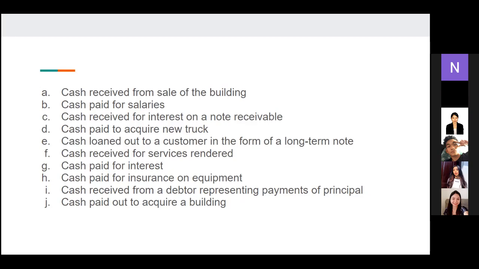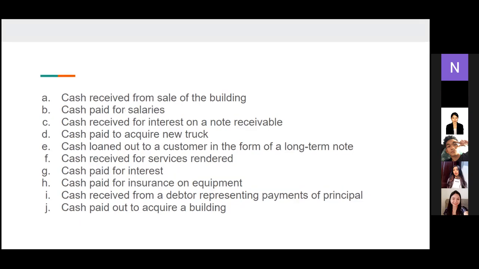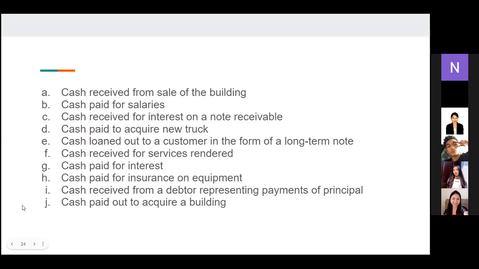next letter E. Okay, sige. Ako na muna sa letter E. Since ang sabi niya dito is cash loan out to a customer in the form of a long-term note. So, ibig sabihin dyan, ang tinitignan natin dyan is yung long-term note.